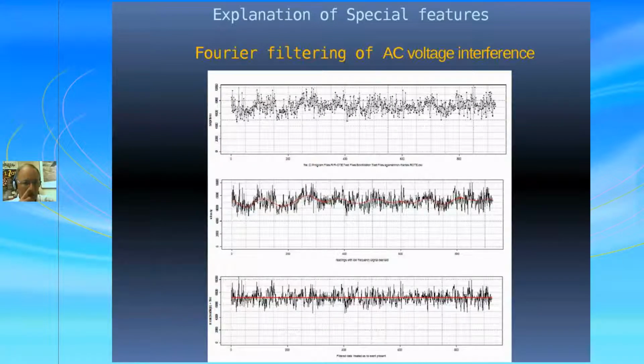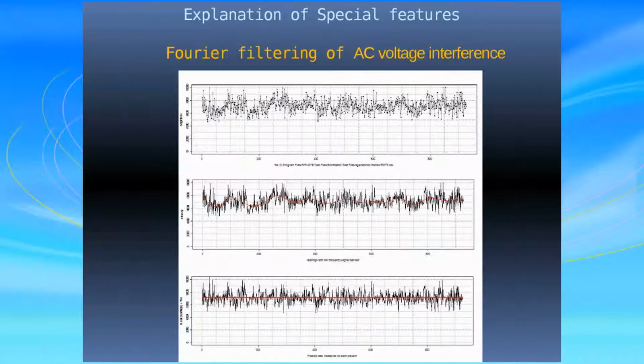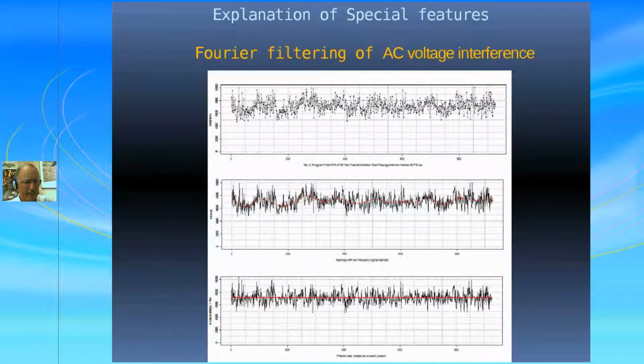So we're now using a Fourier filtering process, and the second graphic shows the ripple characteristics that we see in the data using a Fourier filter. The bottom graphic shows that when the filter is applied, we have pretty much a random noise type of light curve. So it allows us to perhaps filter out some of these AC voltage interferences, which might be helpful for low magnitude drop events or short duration events.